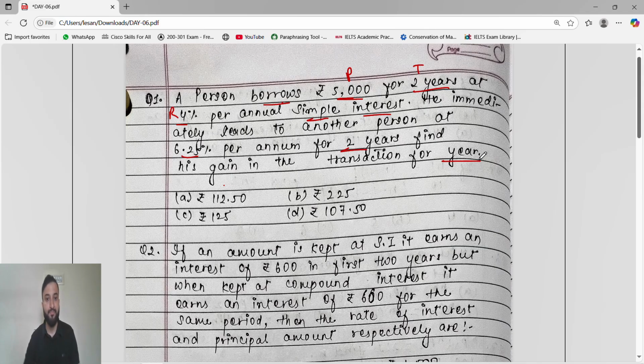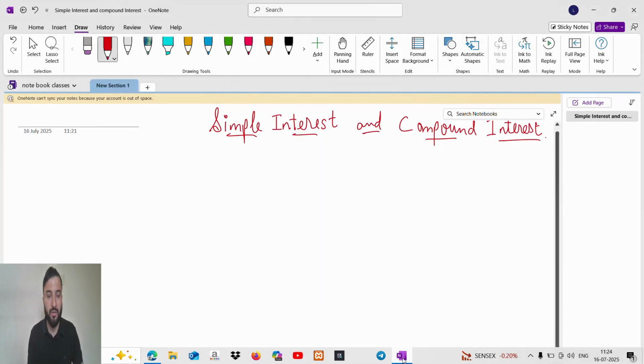So what he did? He borrows 5,000 from the bank for 2 years at 4% rate of interest. Then that same 5,000 he borrowed from the bank, he immediately lends to another person.